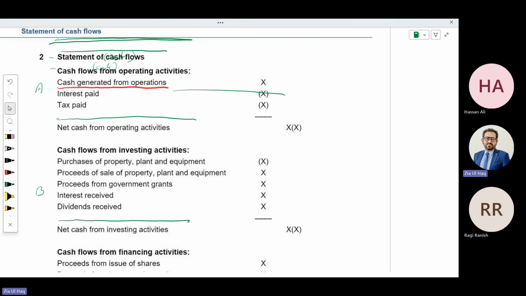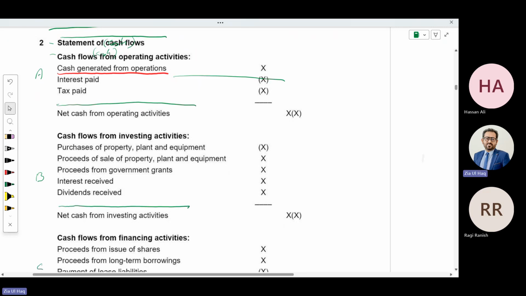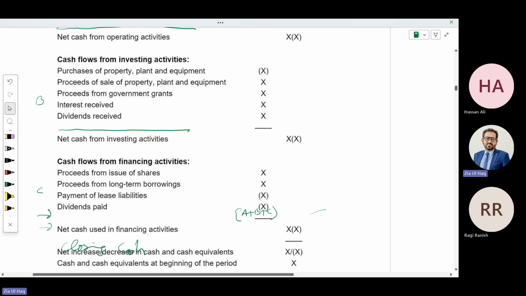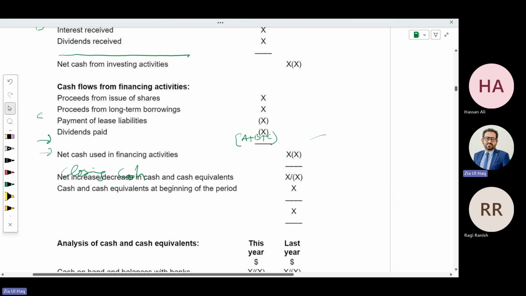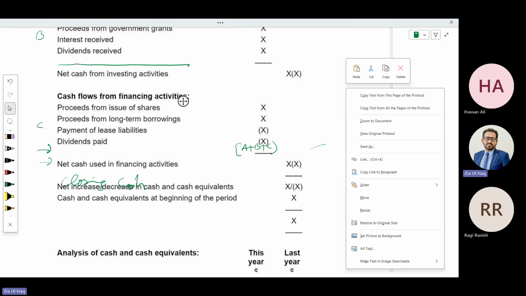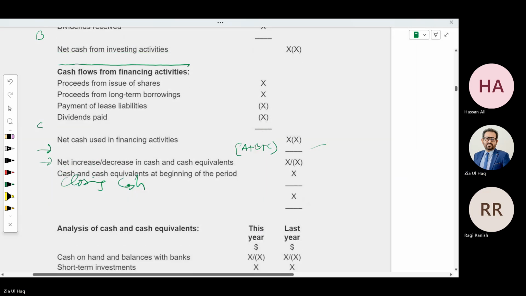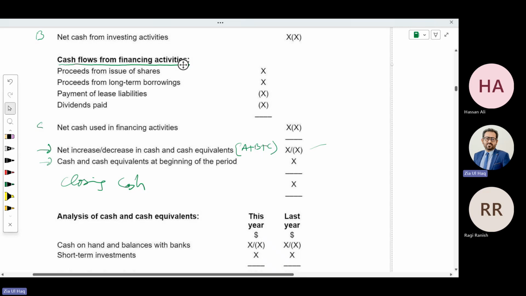And then we need to calculate cash flow from investing and financing activities. That is the easy part. By adding all these three activities, we will calculate the net increase or decrease in cash. And from that, we need to adjust the opening cash and cash equivalents.